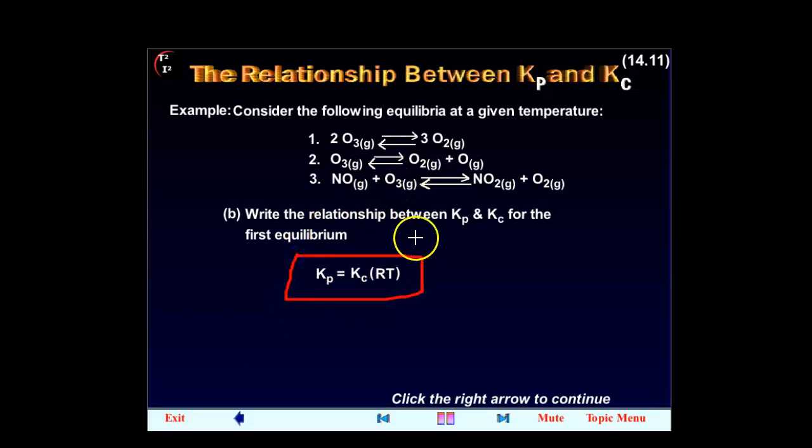Remember, you are writing between Kp and Kc for the second expression. So that means 1 plus 1 is 2. 2 minus 1 is 1. So your exponent here, which is your change of N, is going to be 1. And Kp equals Kc RT. All right, the difference is just going to be the exponent.